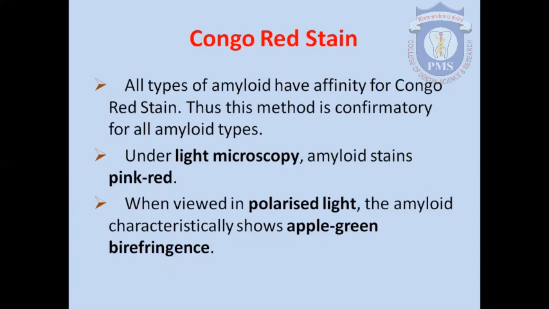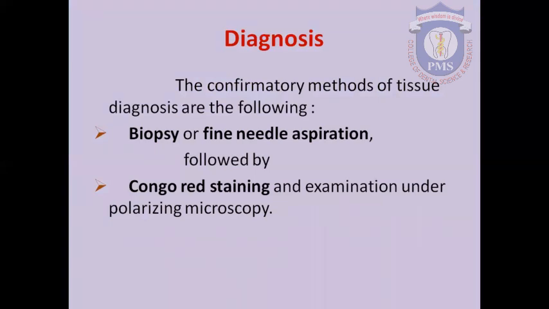When viewed in polarized light, the amyloid characteristically shows apple green birefringence. Diagnosis. The confirmatory methods of tissue diagnosis are the following: biopsy or fine needle aspiration, followed by Congo red staining and examination under polarizing microscopy.